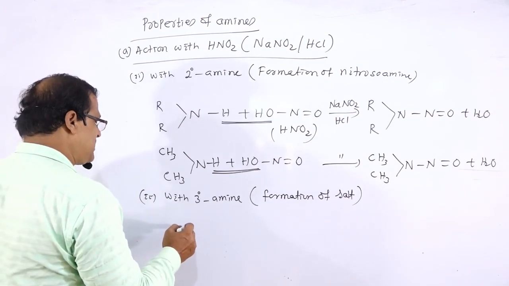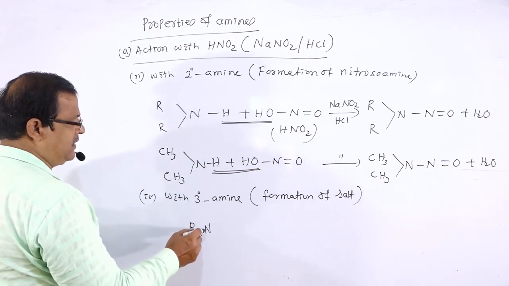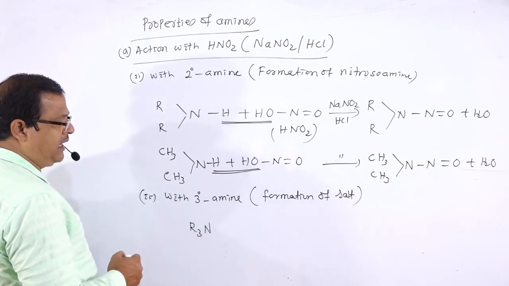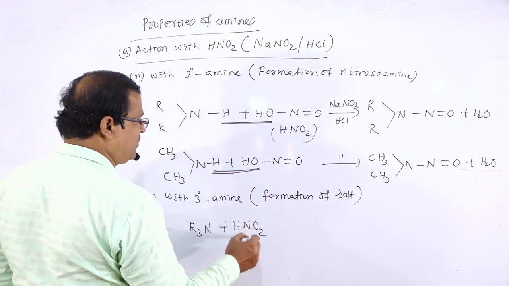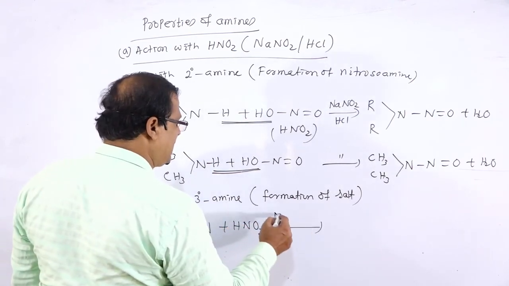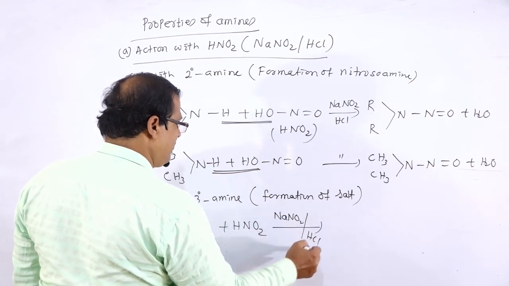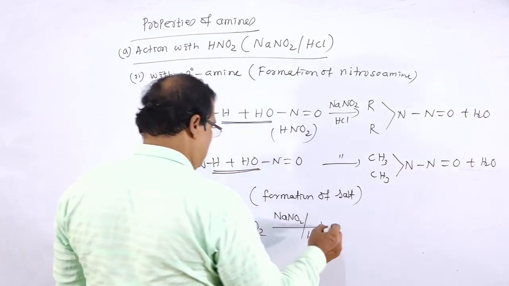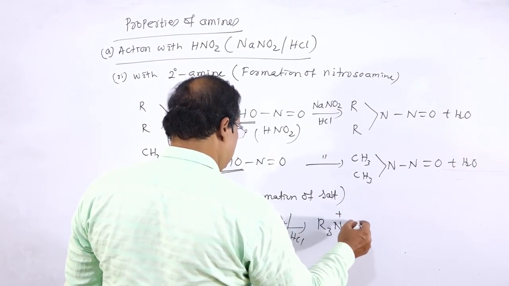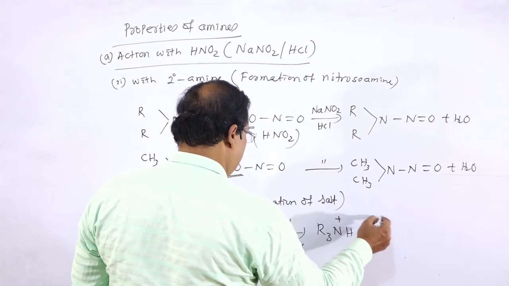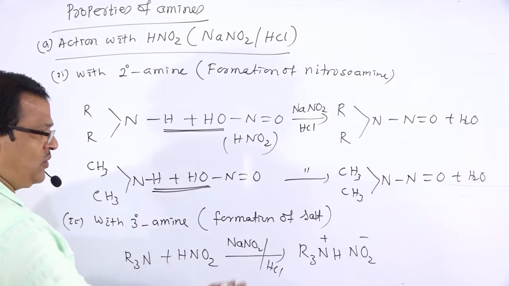Tertiary amine, let us take R3N, nitrogen atom linked to 3 alkyl groups, treated with HNO2, nitrous acid, from NaNO2 and HCl. Then what will be the product? R3NH plus NO2 minus. Then the salt will be formed.